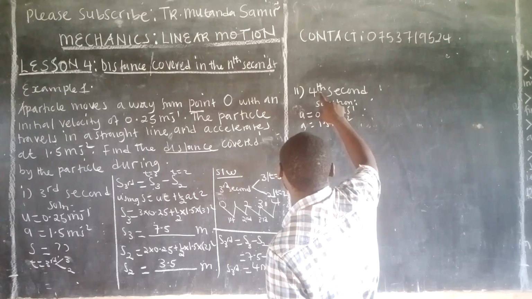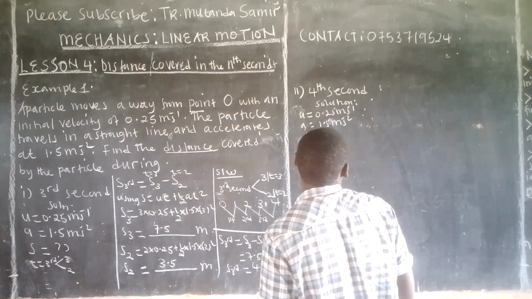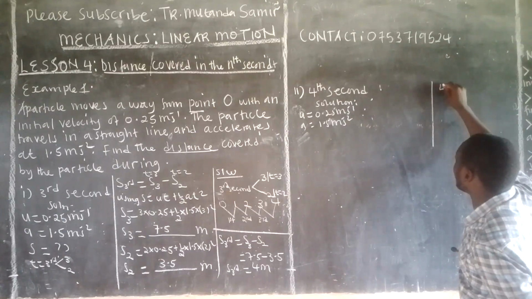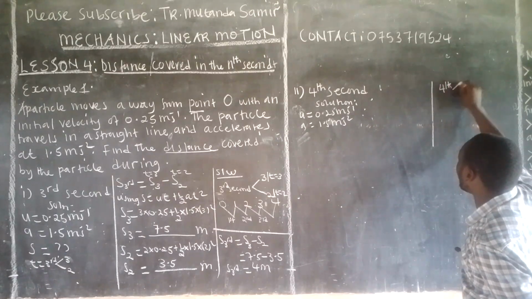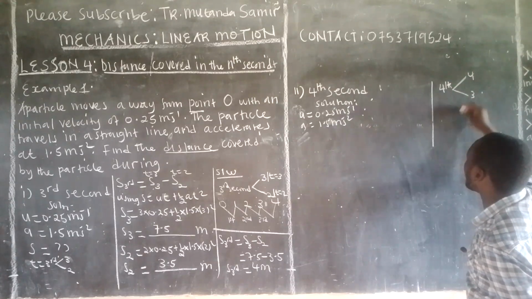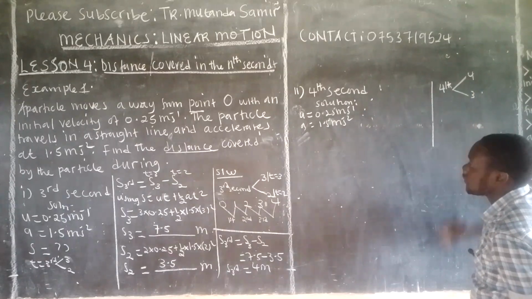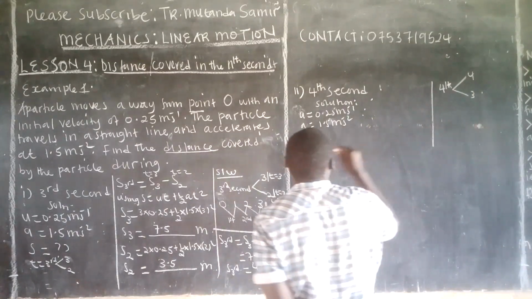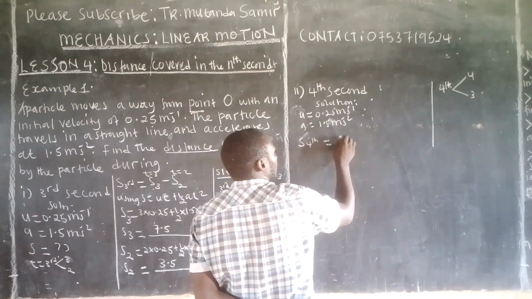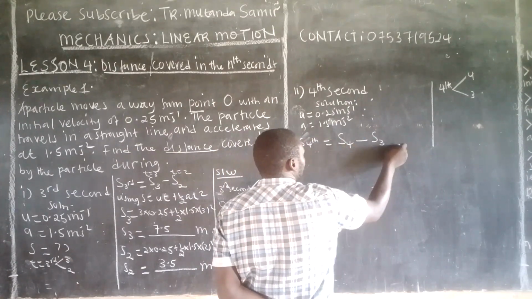Now let's see the analysis when it is the 4th second. I'll use this side work again. When it is the 4th second, we maintain the 4, then minus 1, which is 3. So we're going to calculate when time t is equal to 4 and when time t is equal to 3. I'll say the distance covered in the 4th second is equal to the distance covered when the time is 4 seconds minus the distance covered when the time is 3 seconds.